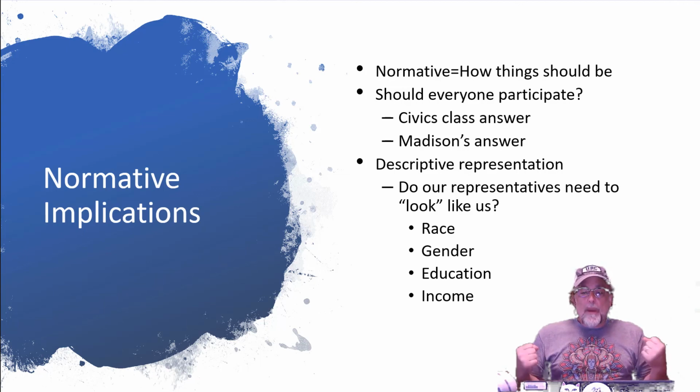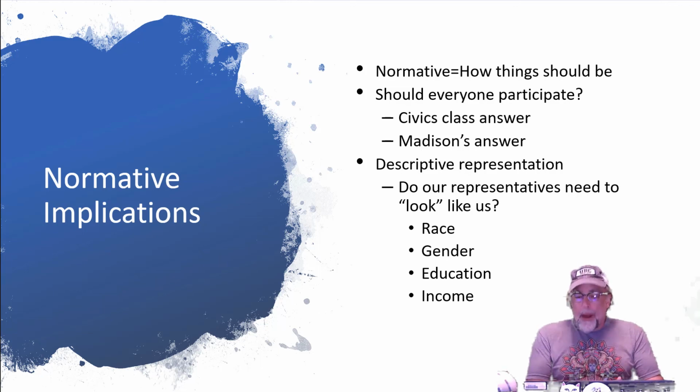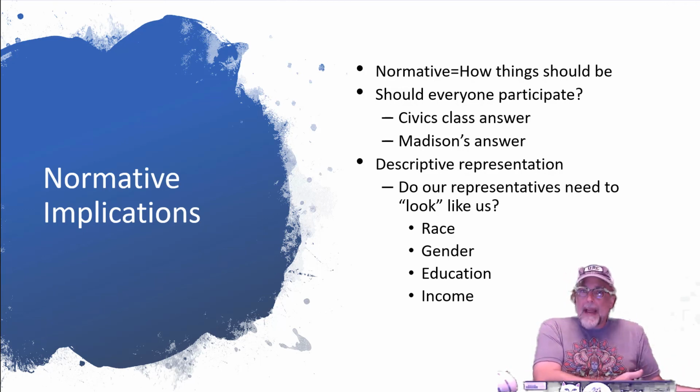And yet, when we look at our representatives, when we look at the people who vote, when we look at the people who join interest groups, in every case, those people are not representative of our population as a whole. The potential problem here is that only their voices will be heard. The voices of ordinary people who can't bear the cost of participation won't necessarily be heard.